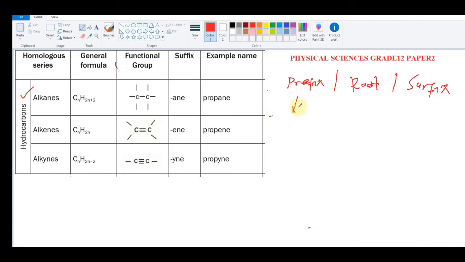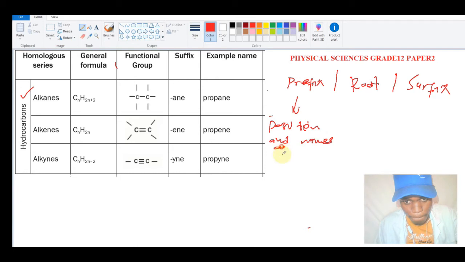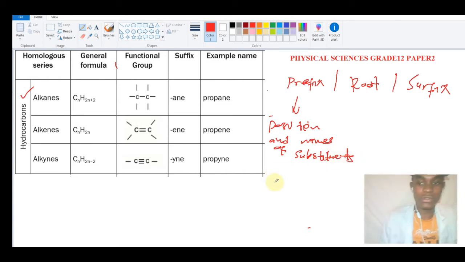The prefix tells you the position and names of substituents in their alphabetical order. It's very important that when you've got a prefix, you name the substituents in alphabetical order.